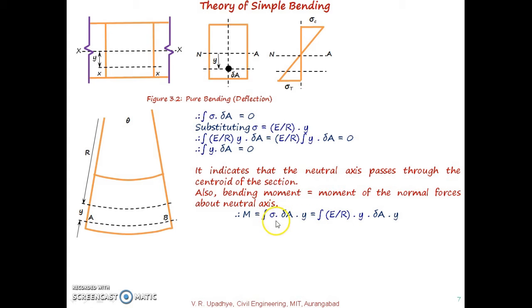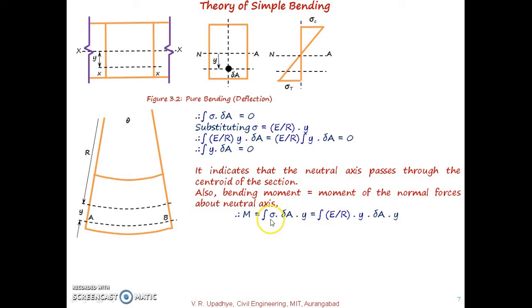So sigma delta A is the force getting developed at that particular cross section, which is at a distance y from the neutral axis. So integral sigma delta A gives us the total force getting developed, and its distance from the neutral axis is y. So that gives us the internal moment.